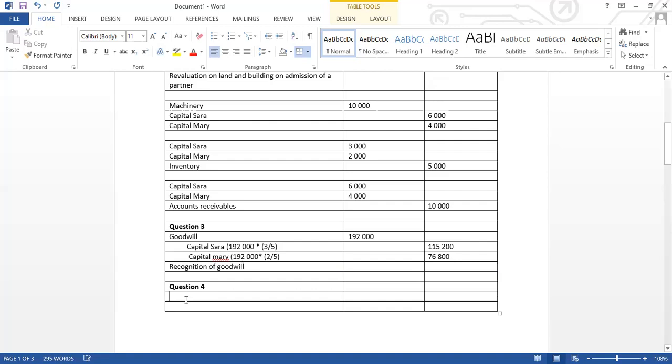Now question 4, you are asked to prepare the journal entry to record the new partner's contribution to the equity of the partnership. In other words, how much is the new partner contributing to the equity as capital?